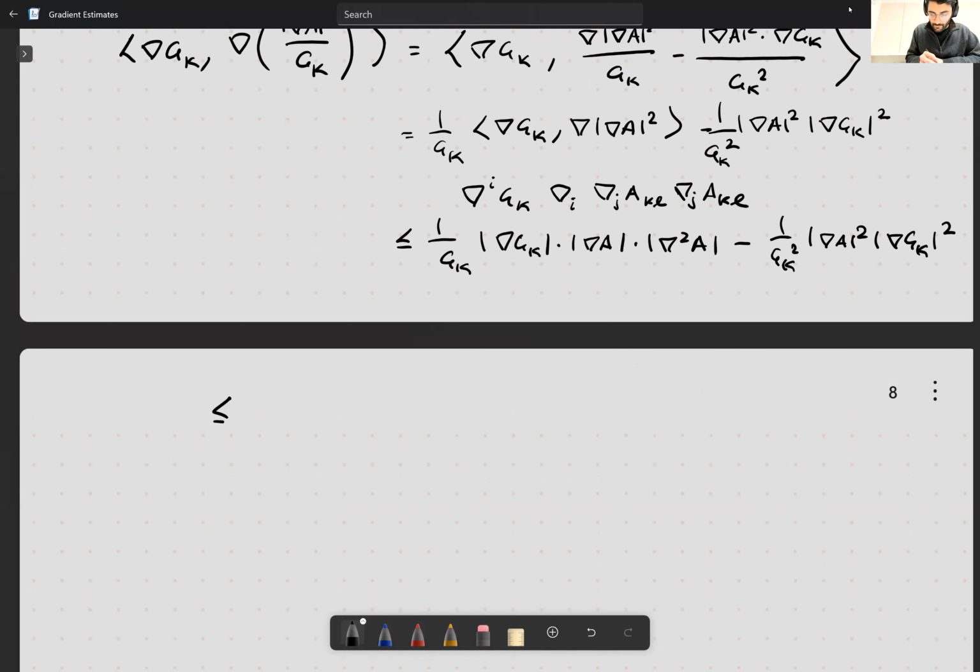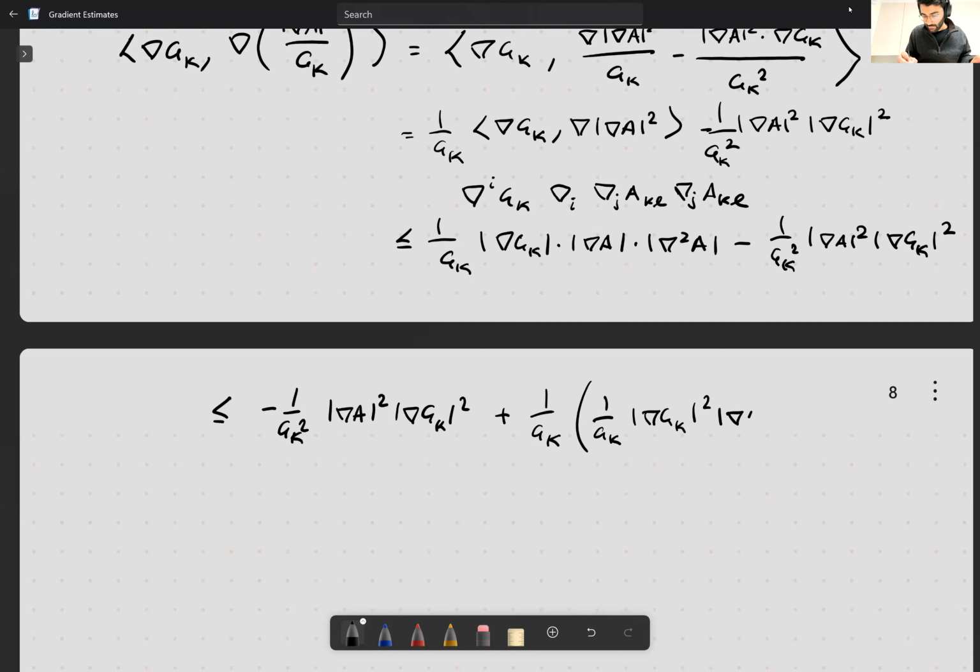Okay, so that's less than or equal to minus 1 on GK squared, nabla A squared, nabla GK squared, plus 1 on GK. Then I want to split up these two. So I get 1 on GK, nabla GK squared, nabla A squared, plus GK, nabla squared A. Okay, there we go.